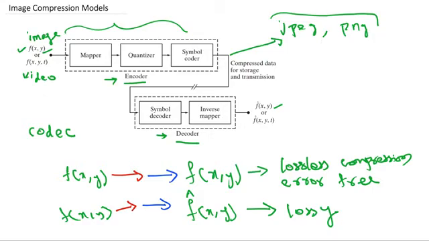You might have noticed these things happening in real life. Suppose you capture an image using your mobile phone camera and you see that image in higher quality. But once you send that image through applications such as WhatsApp, the receiver, when they view the image, will not have the same quality as when you captured it.